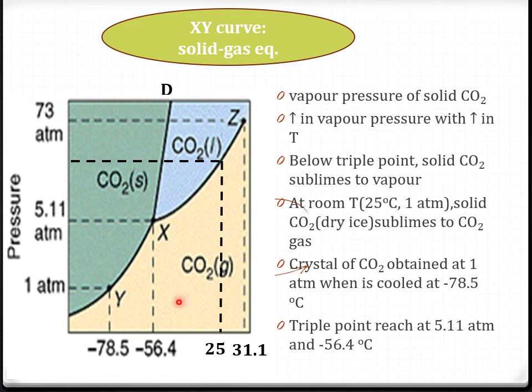The crystal of carbon dioxide is obtained at 1 atm when it is cooled to negative 78.5 degrees Celsius, and the triple point here is reached at 5.11 atm and negative 56.4 degrees Celsius.